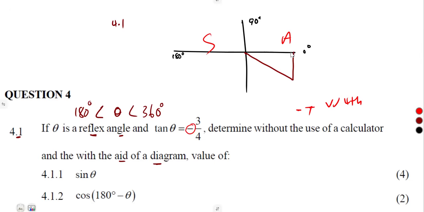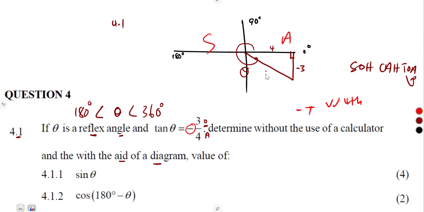And according to this, we are given tan theta as negative 3 over 4. Remember, tan from the SOHCAHTOA concept is opposite over adjacent. So according to this, our opposite is negative 3. Our adjacent is positive 4.